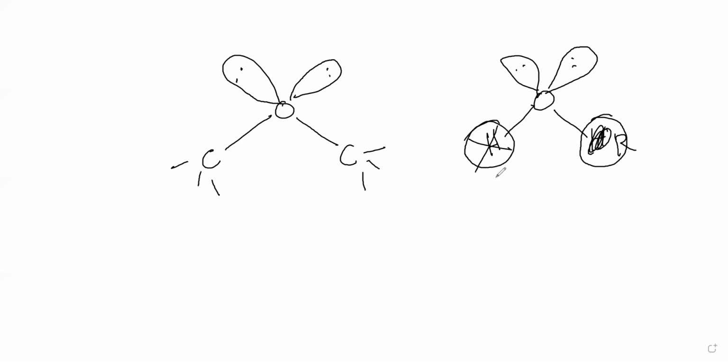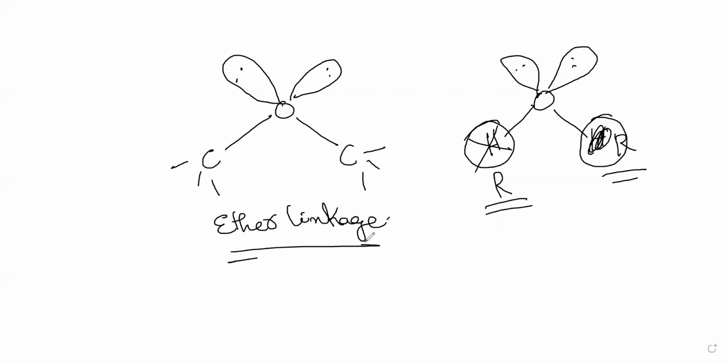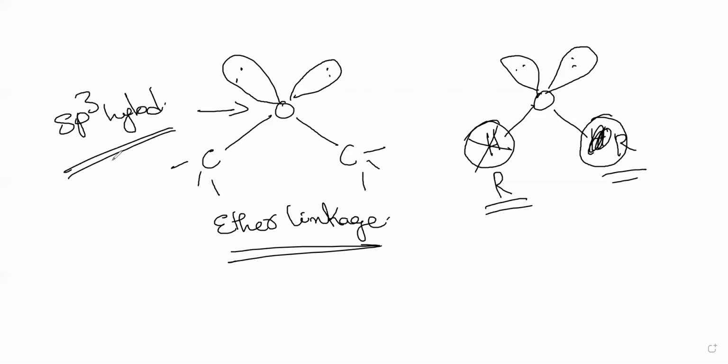If the other H is also replaced with R, I will get an ether. This is the ether linkage. Oxygen is sp3 hybridized. That's another important thing here.